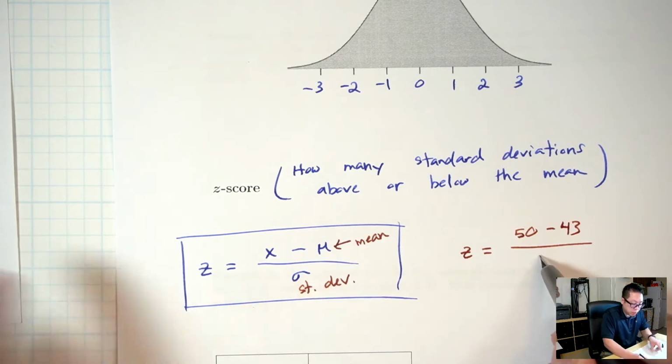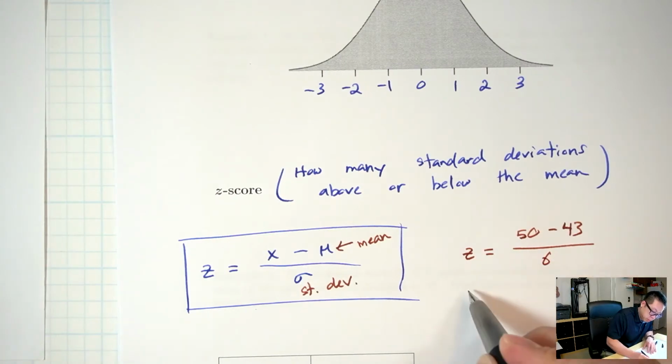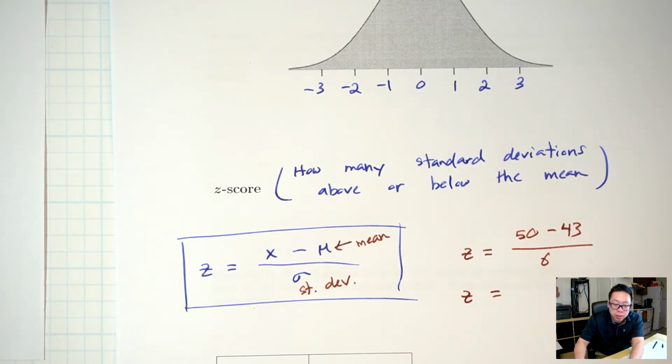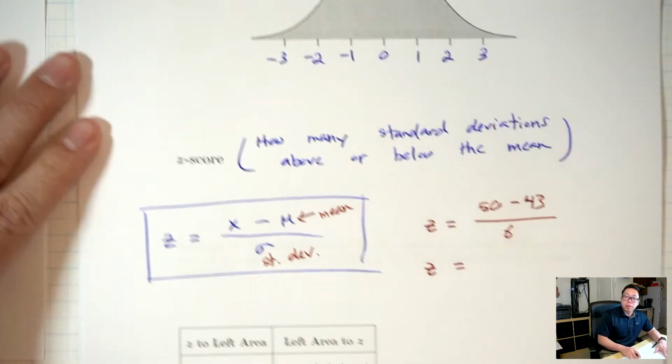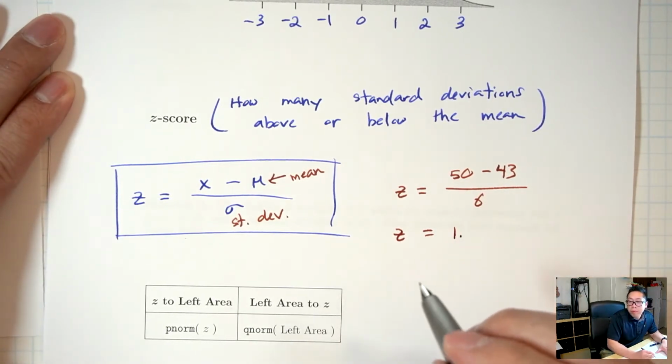And then at the bottom, standard deviation was 6. So on my calculator, up top, 50 minus 43. On the bottom, 6. Rounded to 3 decimal places. This is 1.167.